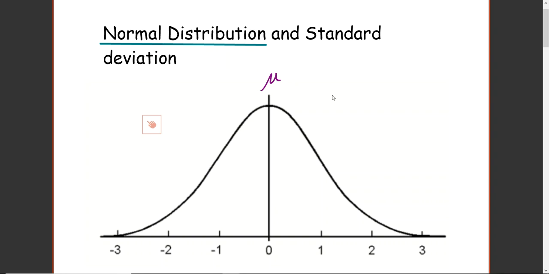So with our normal distribution, there is something to be aware of, which is, you'll notice in the book, these numbers represent -1 standard deviation. So that's 1 standard deviation below the mean. And this line is 1 standard deviation above the mean.